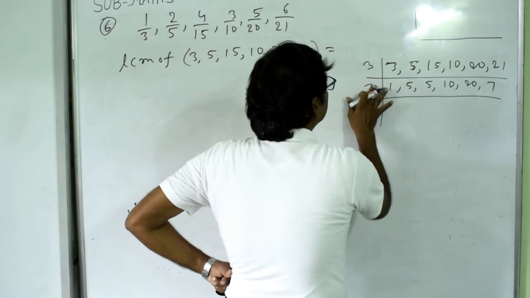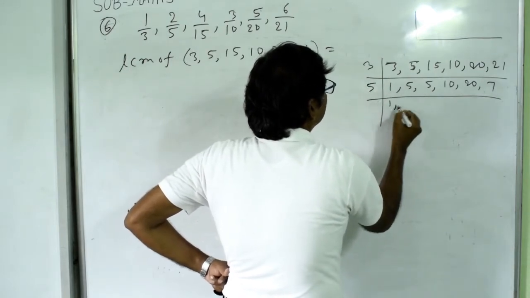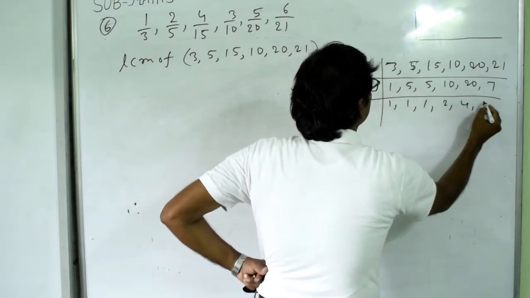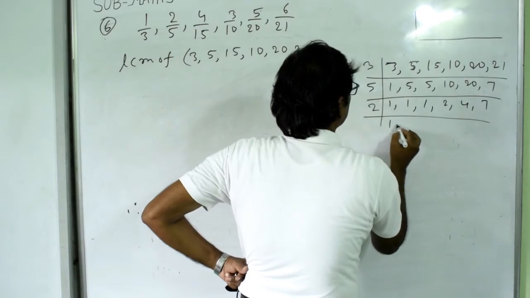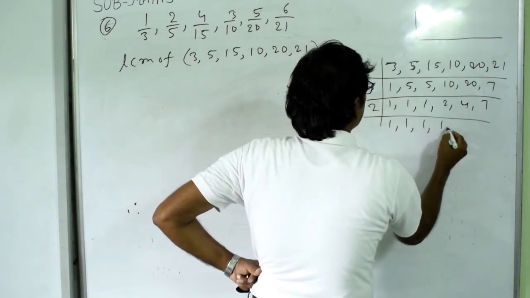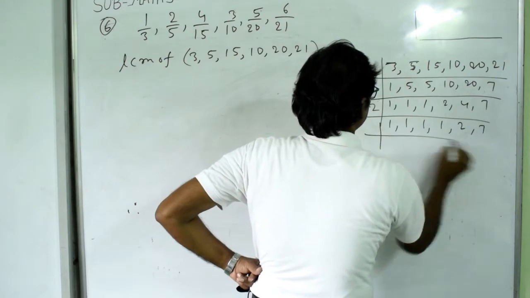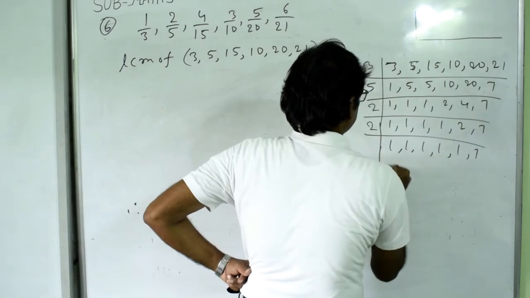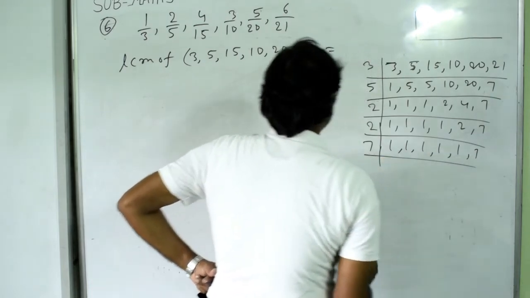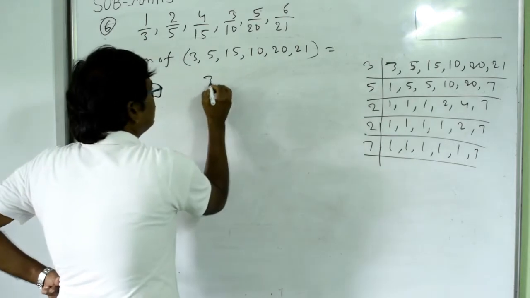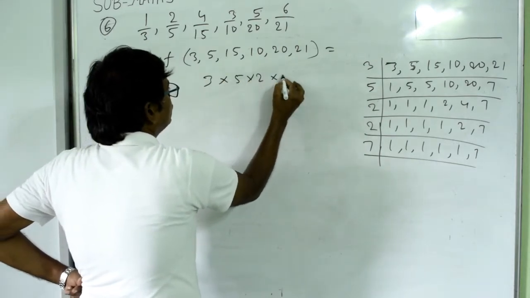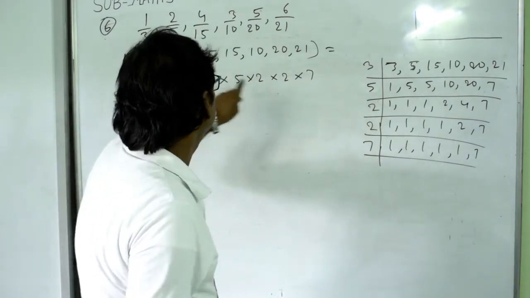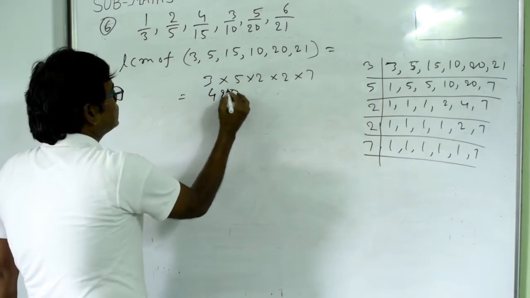It will not go by 3, so use 5. So the LCM will be 3 into 5 into 2 into 2 into 7. 5 twos are 10, 7 tens are 70, 14, 3 fours are 12, 42, that is 420 is the LCM.